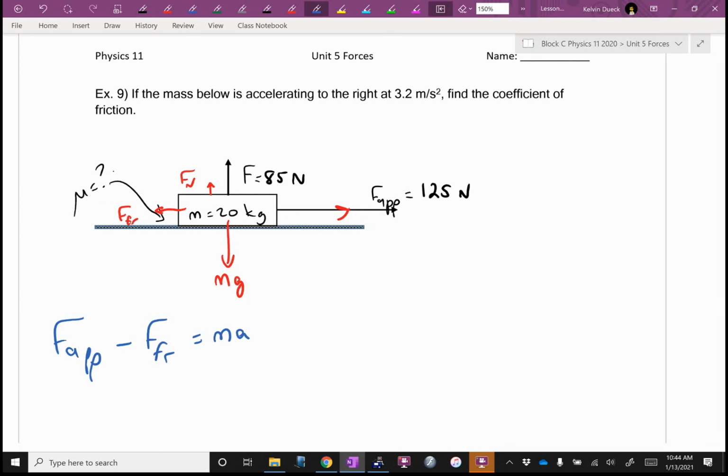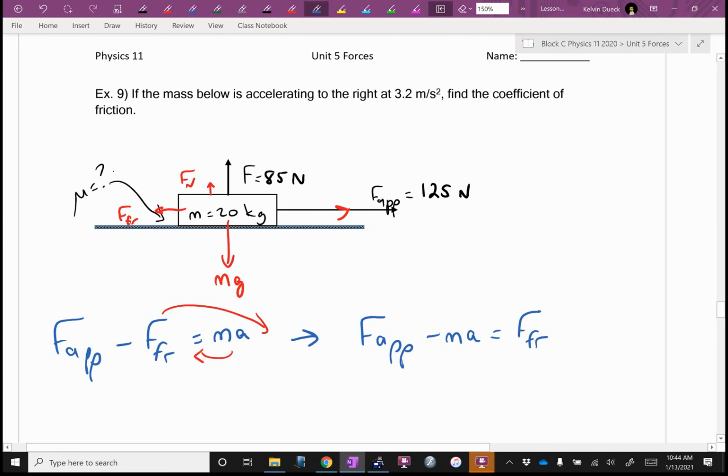Oh, swappy dance. I'm going to get F applied minus MA equals friction. What am I trying to find? Mu. Where's mu hidden inside of? So my next step is going to be to replace friction with what times what?